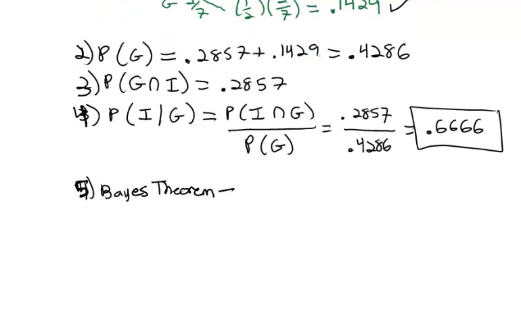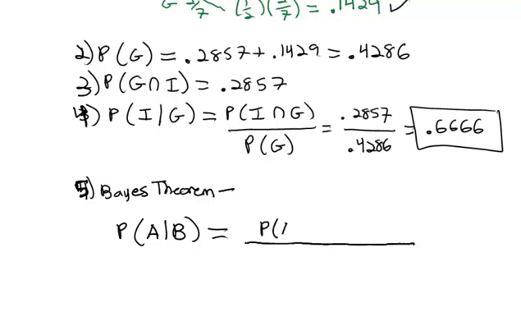Bayes' theorem is a way that we can calculate the probability of A given B. What we do is look at the probability of A times the probability of B given A. That's what we did to find the green and jar 1.